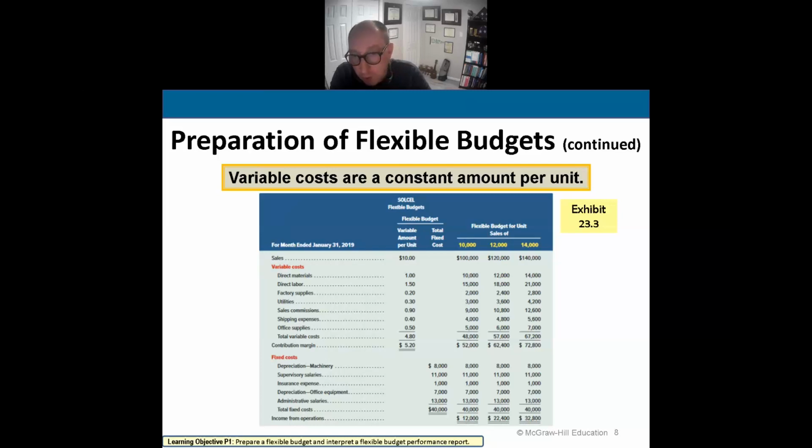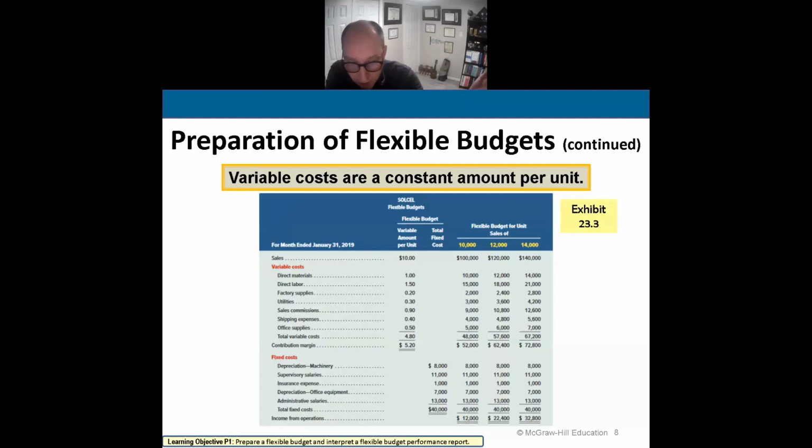This gives me a contribution margin of 52,000. Remember, we find contribution margin from taking your sales minus your variable cost. I have my fixed cost. Fixed costs don't change. It doesn't matter whether you sell 1,000 units or 100,000 units. Variable cost is going to be the same.